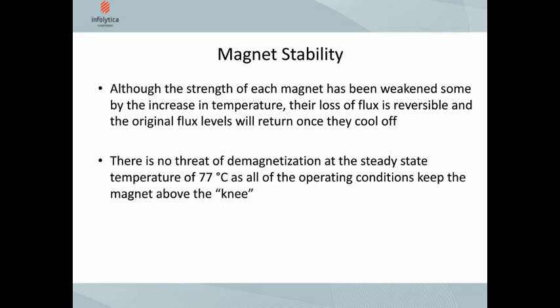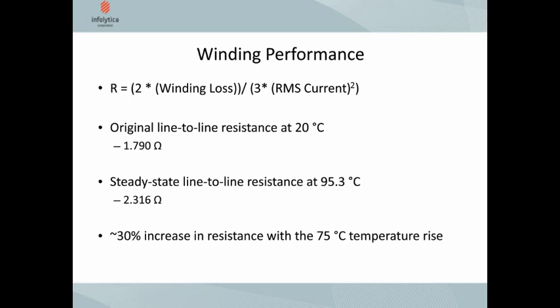One additional concern that we have is the integrity of the winding. We're going to assess first the resistance values, and then we'll look at some insulation scrutinies in a moment. If we take the winding loss, we can compute the line-to-line resistance in both cases, the 20-degree case and our steady state case.